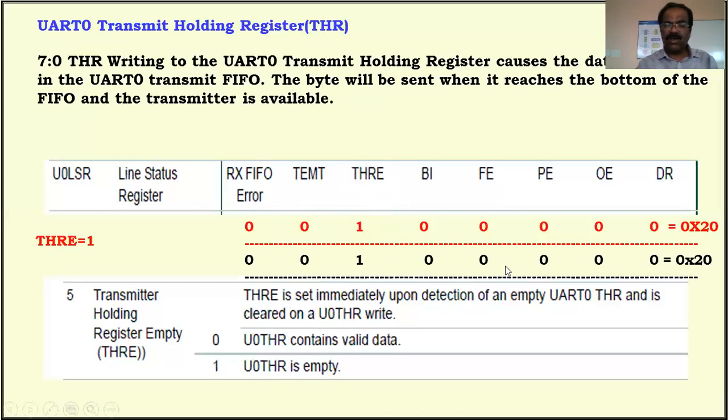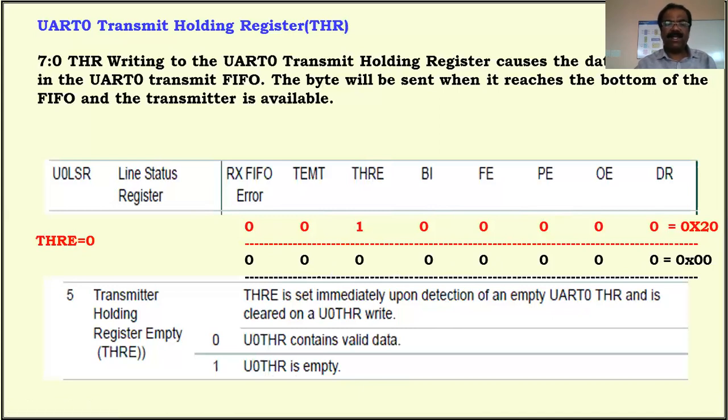If the final result after masking, after multiplication, is not equal to 0, it means THR is empty. Then we can write our character to be transmitted. Otherwise, you have to wait until THRE equals 1. That is the meaning of this.